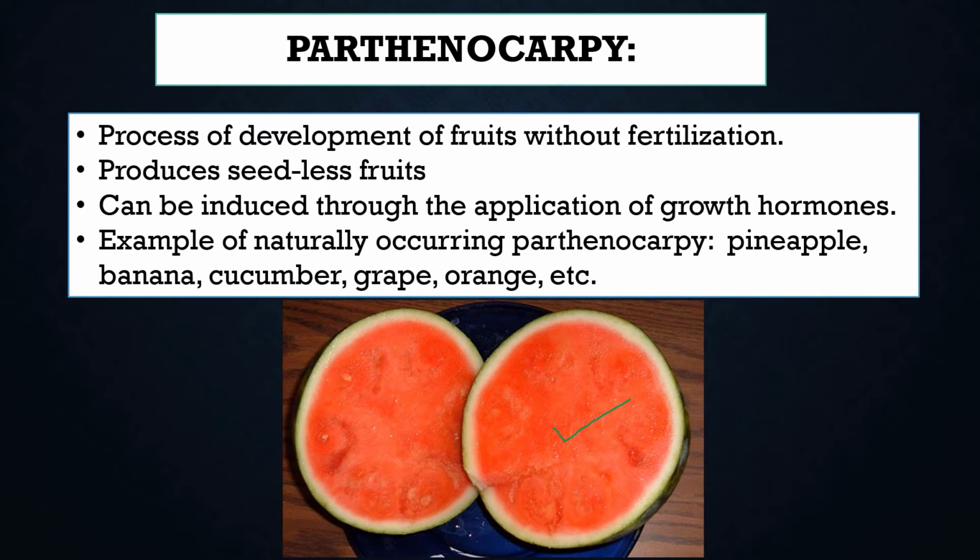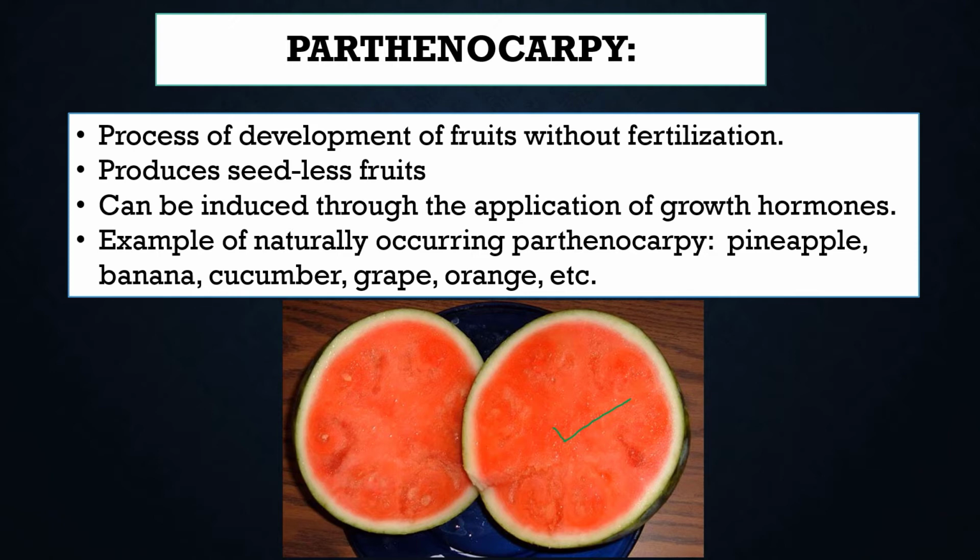So we know that only if fertilization occurs will we have the fertilized egg and the ovule that gives rise to the seed. But if you do not have fertilization, then there is no chance that you're going to get the typical seed as you get in a normal condition. So what is the benefit? It produces seedless fruits, and that is typically of importance, especially when it comes to consumption by humans.